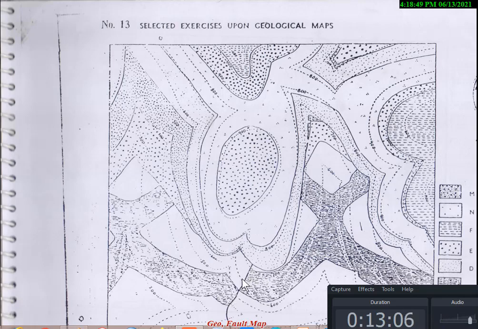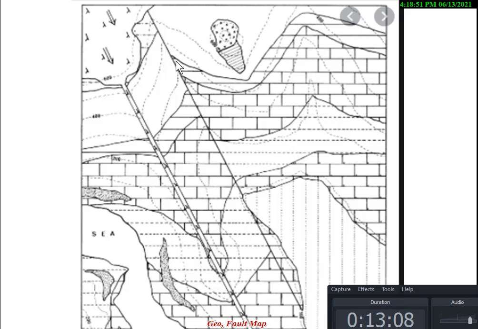Okay, now move forward. See this line, along this line beds suddenly disappear and are displaced. You see here this bed suddenly disappears and appears here. So this line is a fault line.